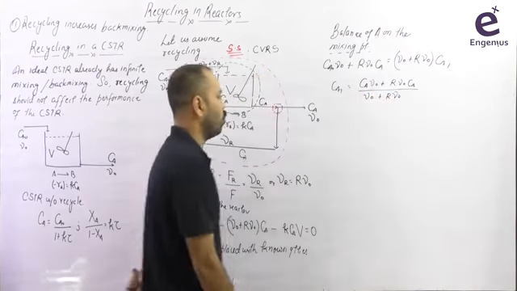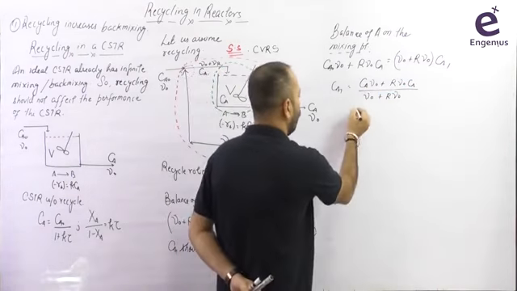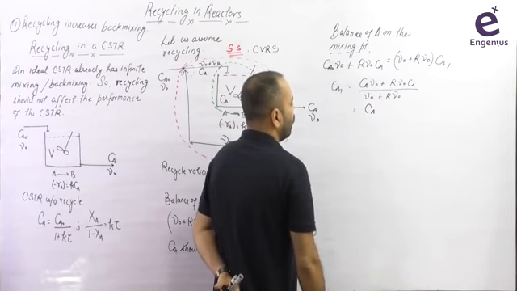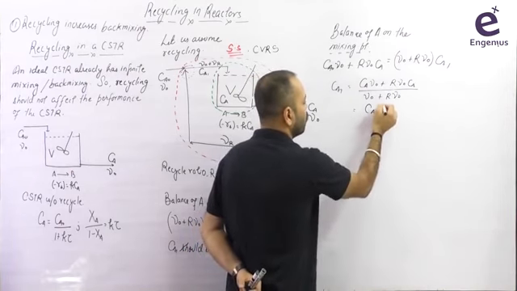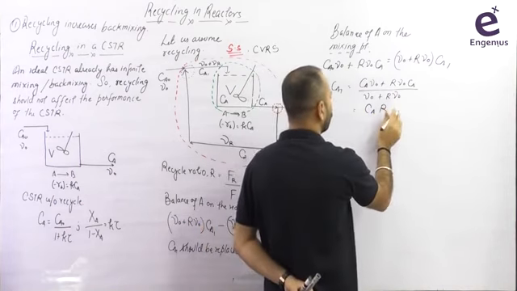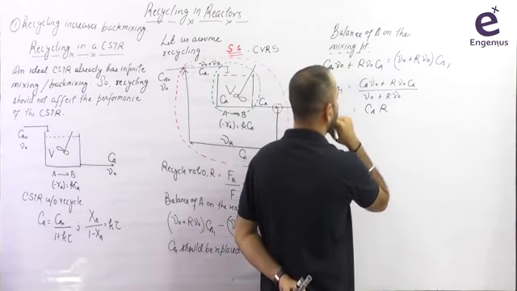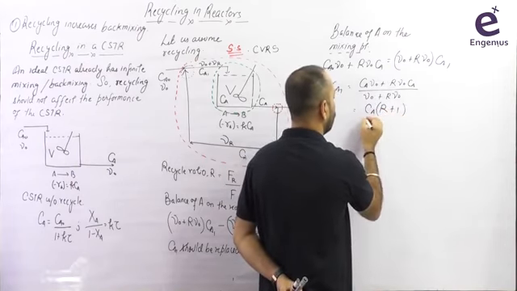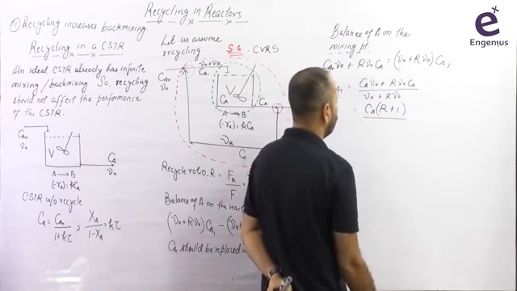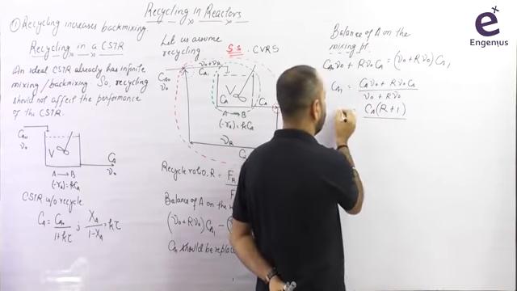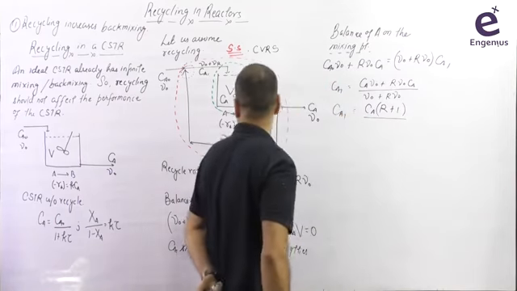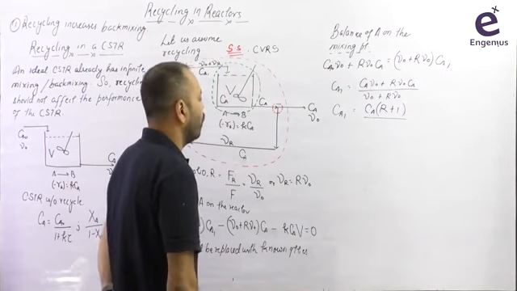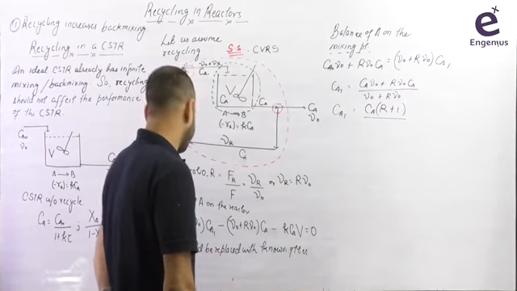And I hope nu naught is getting cancelled, you know that. CA is common, so it is R. So CA plus RCA, right? So you are taking R plus 1. And what is CA1? CA1 is coming out to be equal to CA.